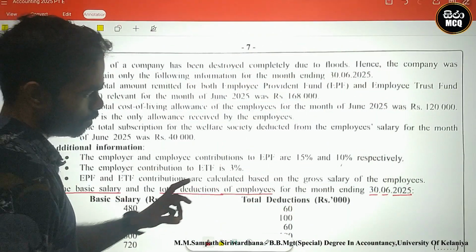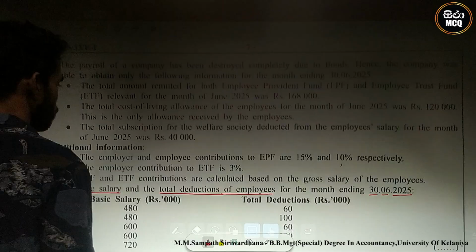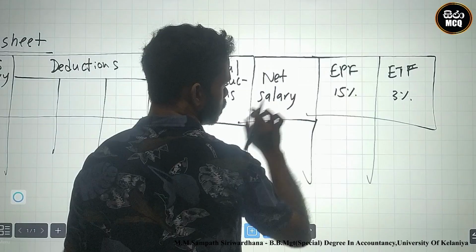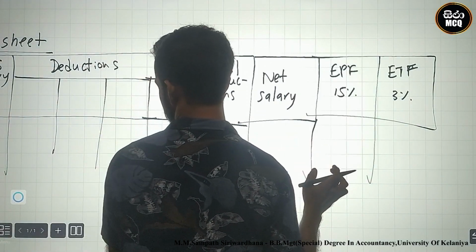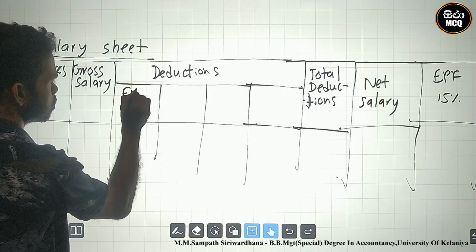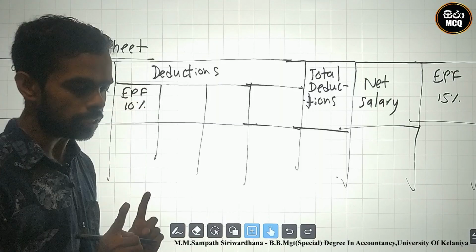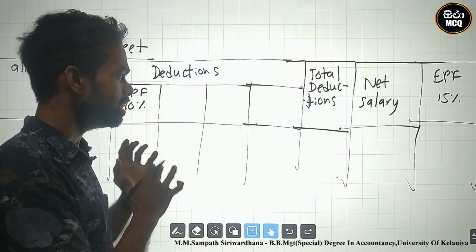Look here, EPF 10% and 15%. Therefore this is the 15%. EPF 10% should be a deduction, the employee contribution.